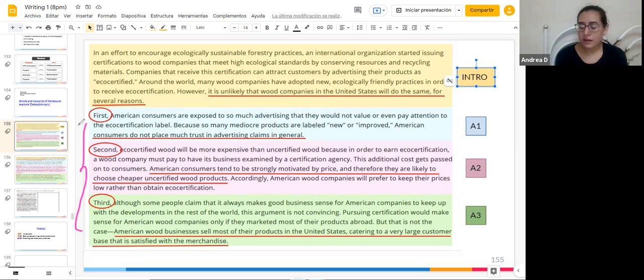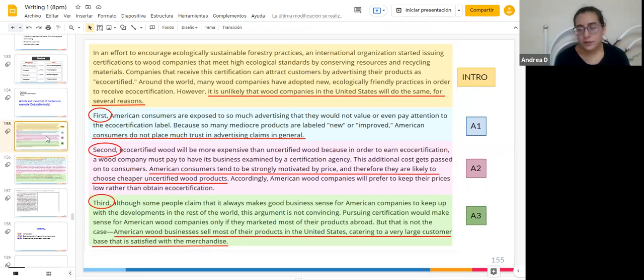And third, I don't know, we have evolved in a better way, maybe. So that's what you will have. You will have the main claim, which is the author's opinion, and then three reasons backing it up in the three body paragraphs. So is this all right? Do you have any questions so far in the reading?